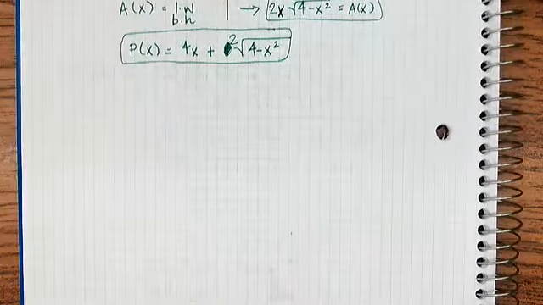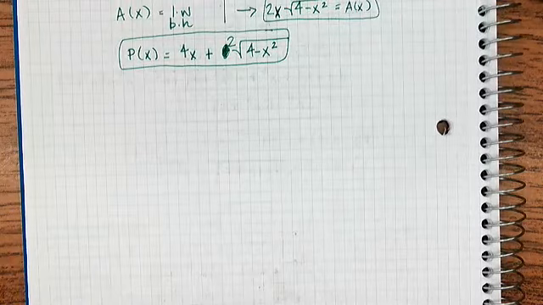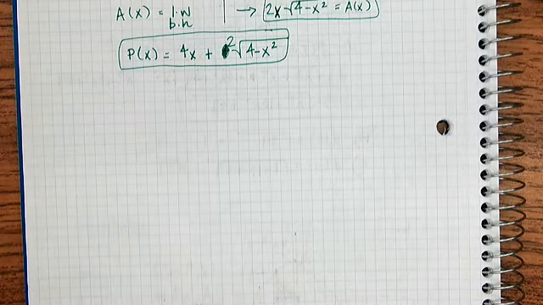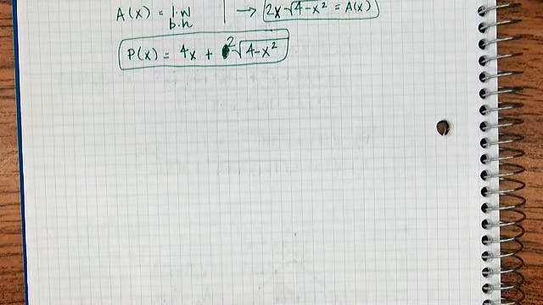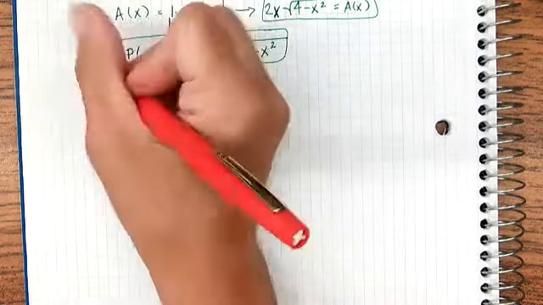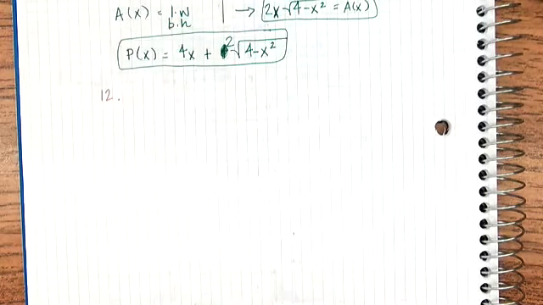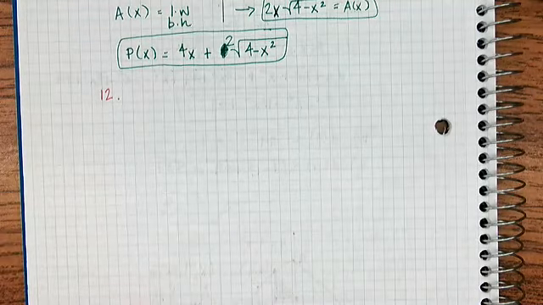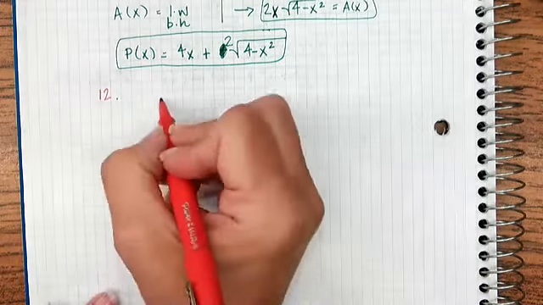All right, let's look at number 12. 12 is pretty funky. I'm going to warn you that we're going to get some really weird fractions, square root things. The answers are very strange, but just because they're strange doesn't mean you didn't do it right. So number 12 says we have a wire that's 10 meters long, and we're going to cut it into 2 pieces.